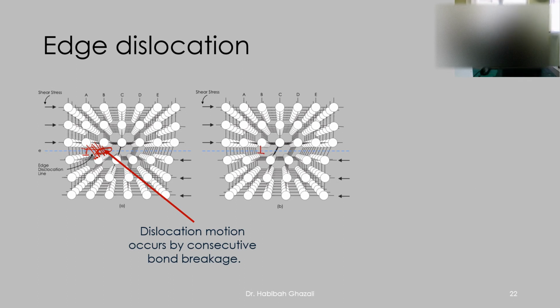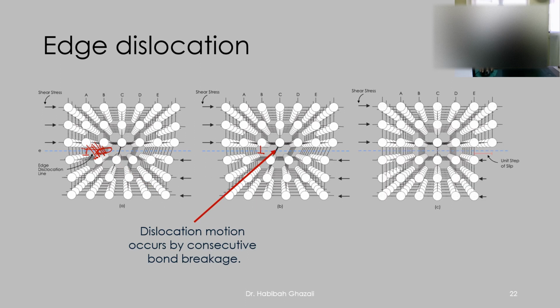If we keep on applying that shear force, this will keep moving. The bonds between the atoms in the next plane will break, and they will bond with the edge dislocation atoms. So the edge dislocation is going to move to the front until it reaches the edge of the volume of the material, where it creates what we call a unit step of slip.